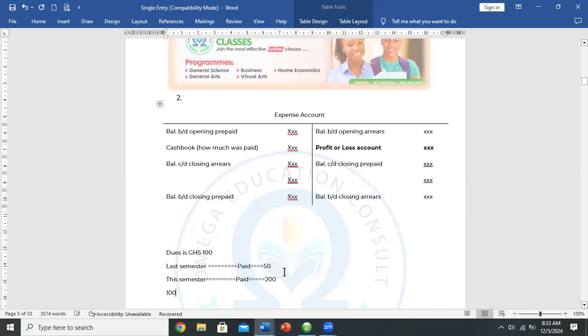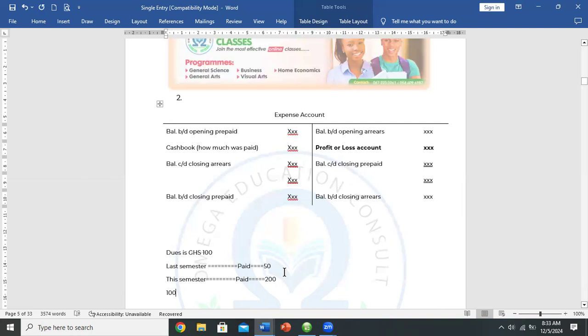Your rent expense for that year is 2,500. If you have paid just 1,500 of it, still the expense for that period on rent is 2,500. I don't know if it makes sense. A little. A little.